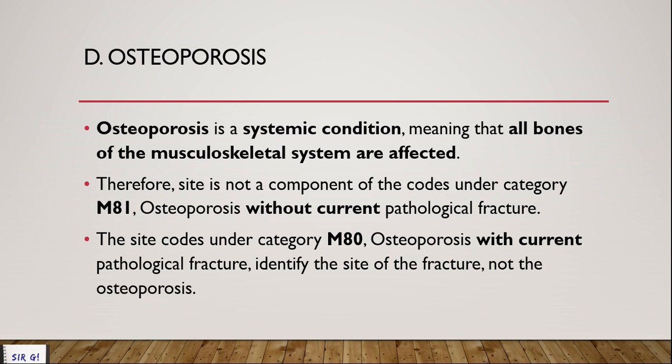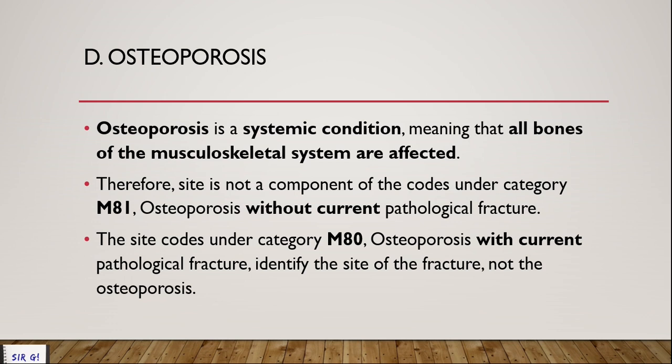Osteoporosis, as defined in your book, is a systemic condition, meaning that all bones of the musculoskeletal system are affected, from cephalocaudal, from head to toe. Since it is systemic, site is not a component of the codes under category M81, osteoporosis without current pathologic fractures.